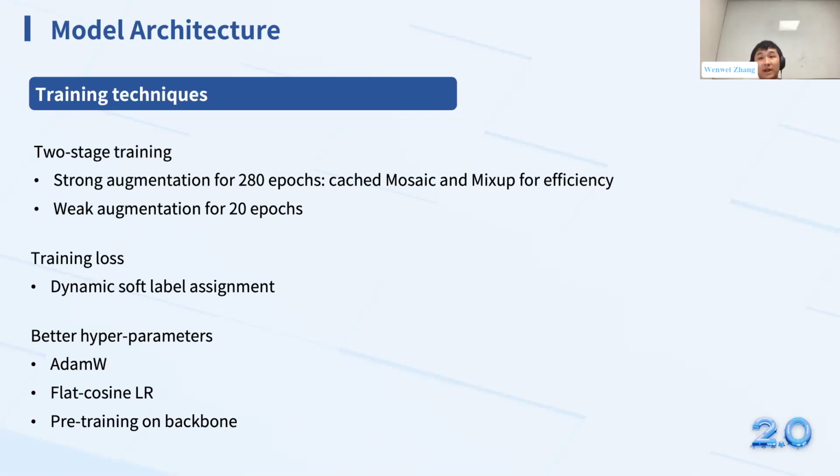We then fine-tune the model for 20 epochs with weak augmentation. And we explore a new training loss, which uses dynamic soft label assignment. We also try better hyperparameters and training tricks like AdamW and flat cosine learning rate. And we also pre-train the backbone by the ResNet strikes back recipe.